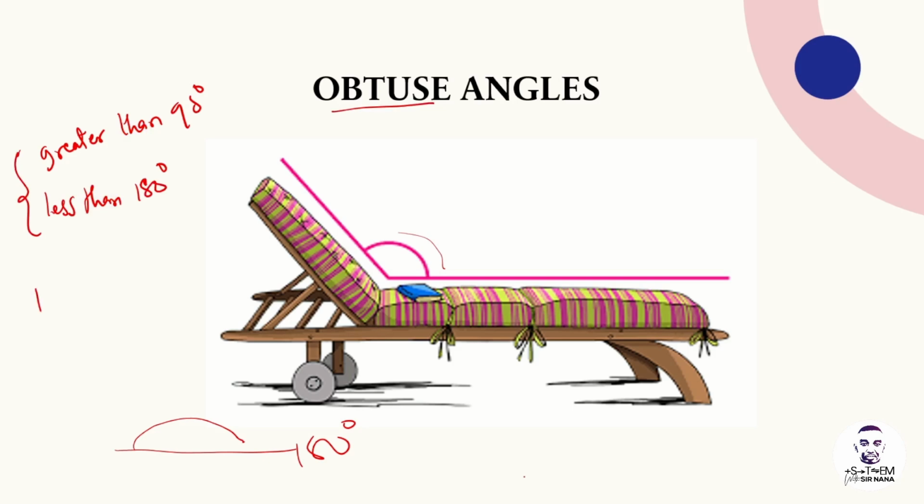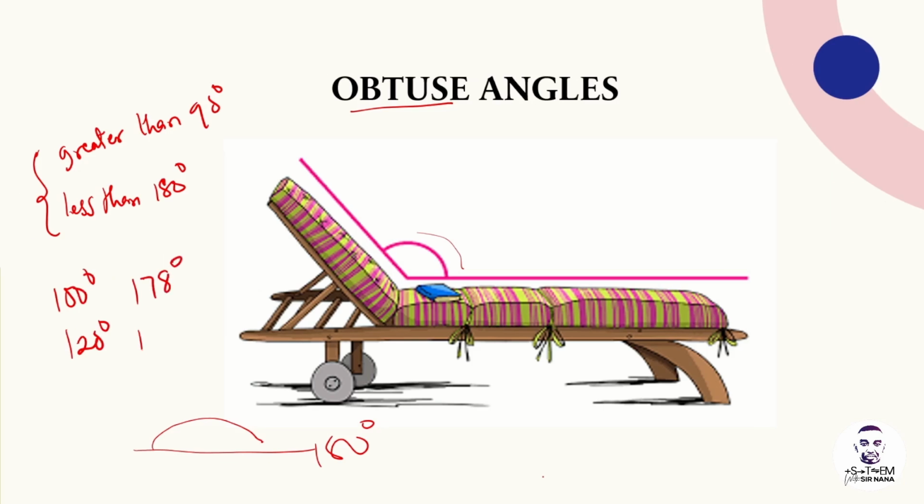If you have an angle of 100 degrees, it's obtuse. 120 degrees is obtuse. 178 degrees is obtuse. 125 degrees, these are all obtuse angles.